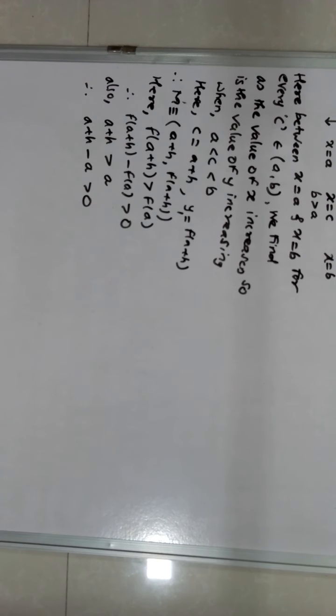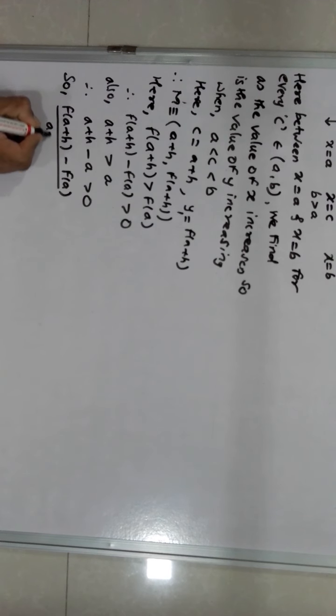So now if I take the ratio, since this is positive, the ratio will be positive. So I will get function of a plus h minus function of a upon a plus h minus a is greater than 0. This is something which I have achieved from the observation.